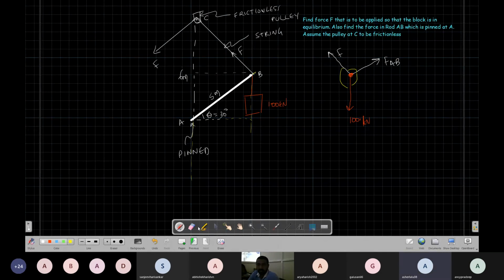CAB is 60 degrees because it is 90 minus 30. Now, the AB line develops a 30 degree angle, by parallelogram logic. A, B, so let's say this is B dash. So that's 6 meters.